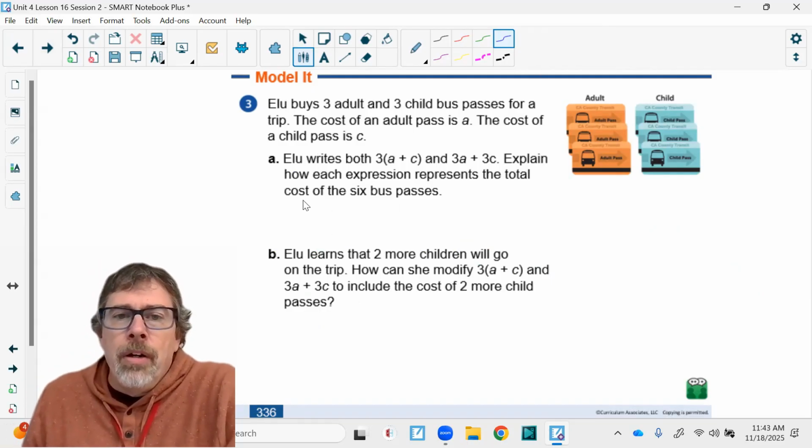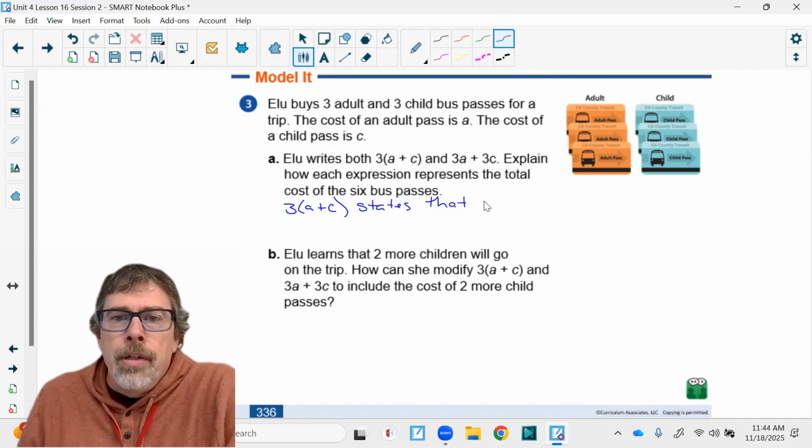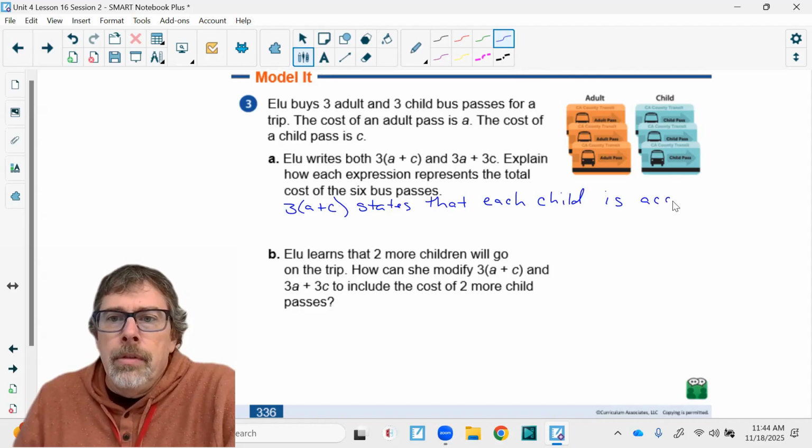Okay. Well, the first one, 3 times (A plus C), states that each child is accompanied... Is that how you spell accompanied?